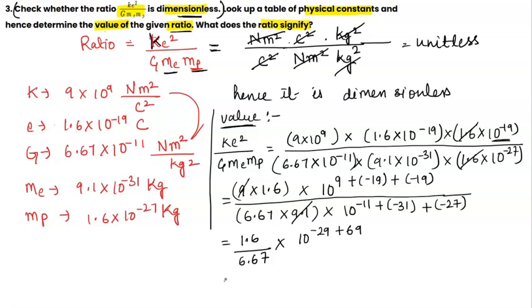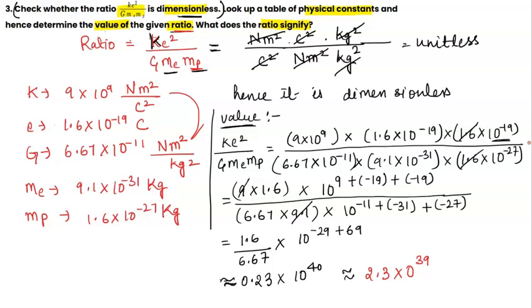After solving, we get approximately 0.23, and for the power, minus 29 plus 69, we get 40. This is an approximate value and can be written as 2.3 into 10 to the power 39. So this is the value of the given ratio.